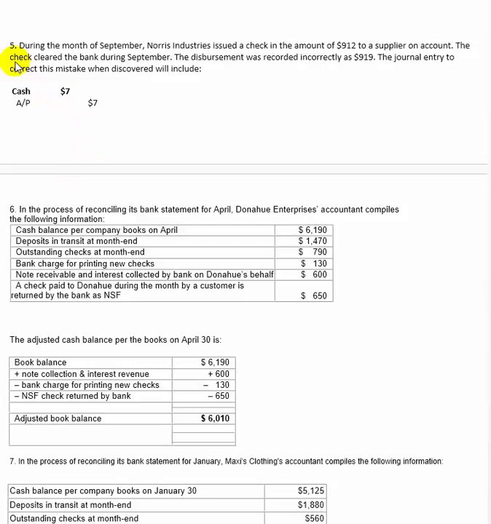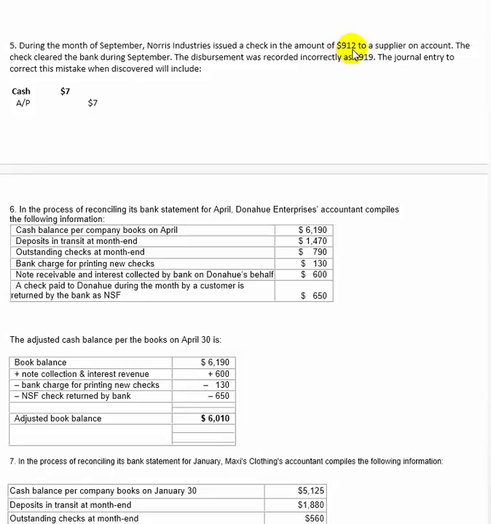Question number 5. During the month of September, Norris Industries issued a check in the amount of $912 to a supplier on account. That would be on accounts payable. The check cleared the bank during September. The disbursement was recorded incorrectly as $919. Notice we recorded it for too much.